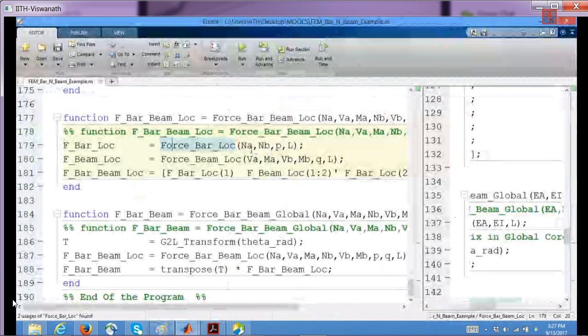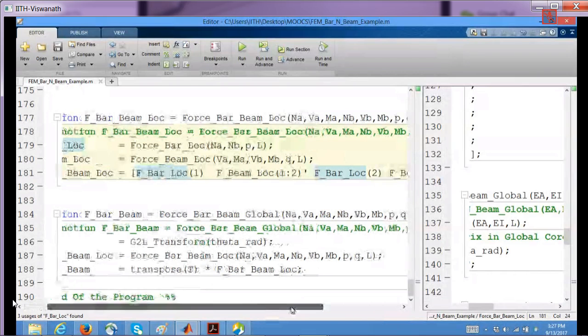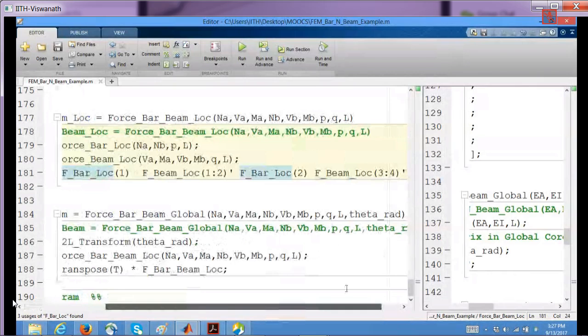Based on that, I get my F bar local, and similarly I get F beam local. For the bar and beam I need to arrange it as first the bar, then the next two coming from the beam: this is NA, this is VA and MA, then NB, and VB and MB.